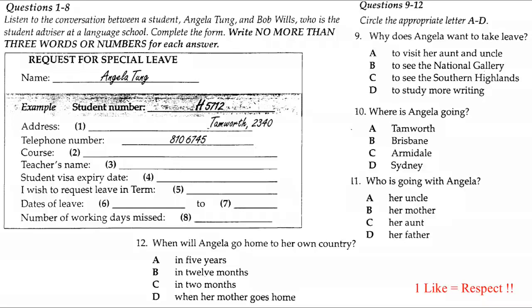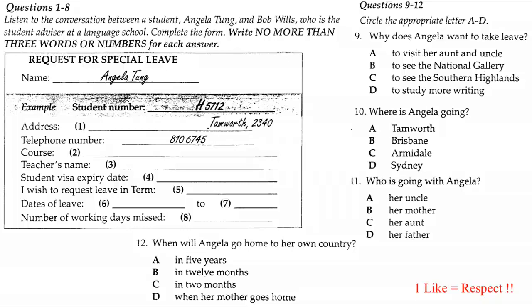Hello, Foreign Student Advisor's Office. This is Bob Wills speaking. Can I help you? It's Angela Tung here, Bob. I'd like to make a request for special leave. Can I do that over the phone? Hello, Angela. You can make that request by phone, but I'll have to fill the form out. Let me get the special leave form. OK, here it is. Tell me your student number, please.